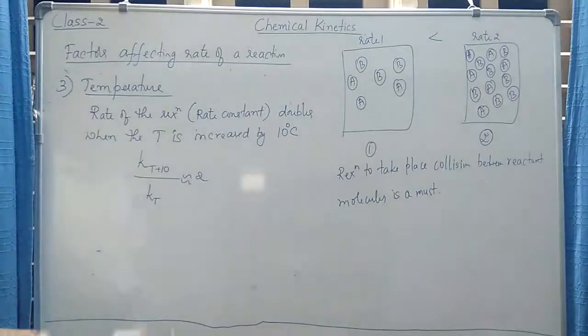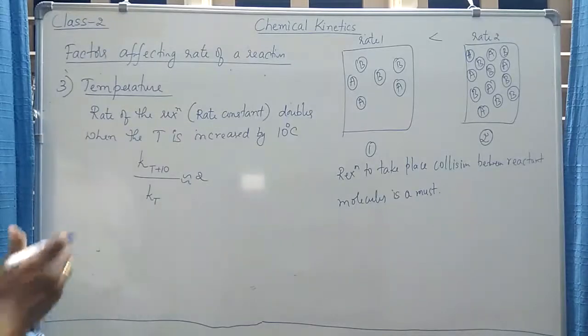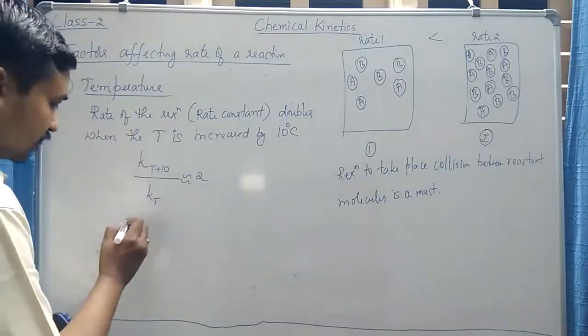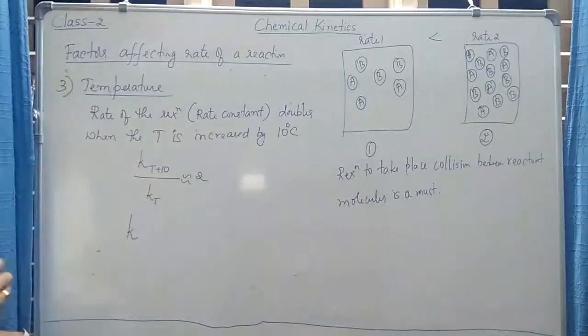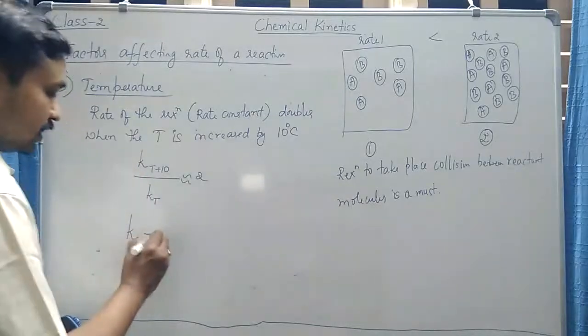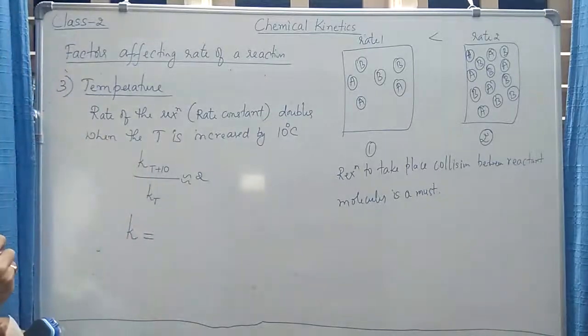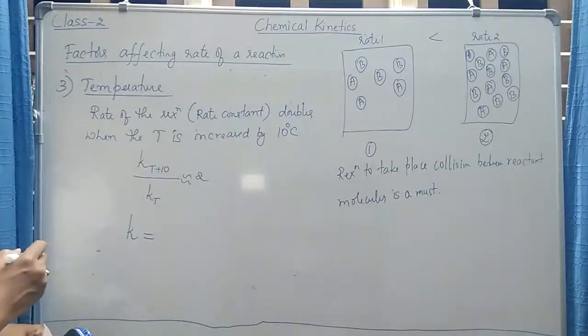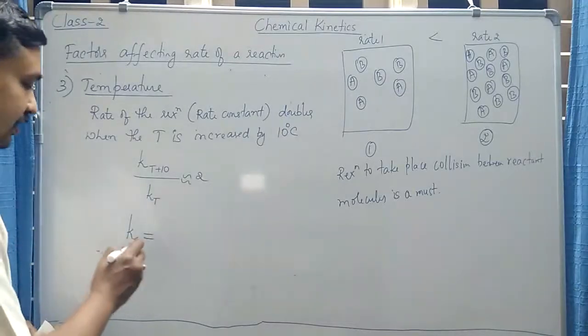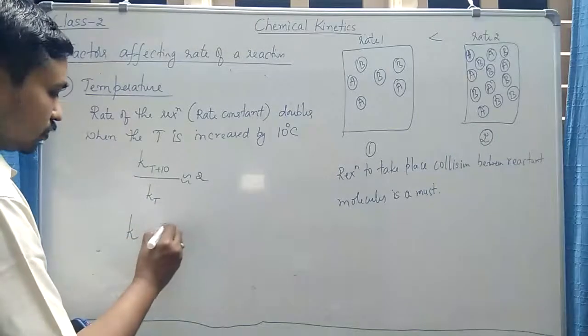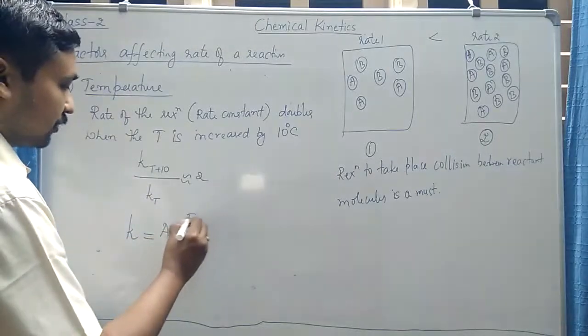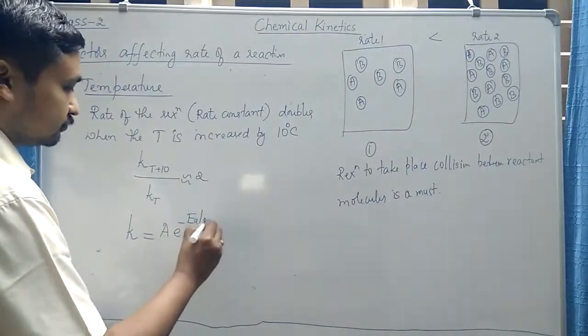So we clearly observe that as you increase the temperature of the reaction, the rate of the reaction increases, and the relation between rate constant and the temperature is governed by a very well-known equation called the Arrhenius equation, that is K is equal to A into e to the power minus Ea by RT.